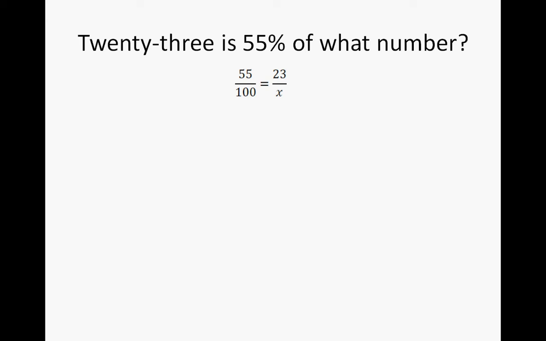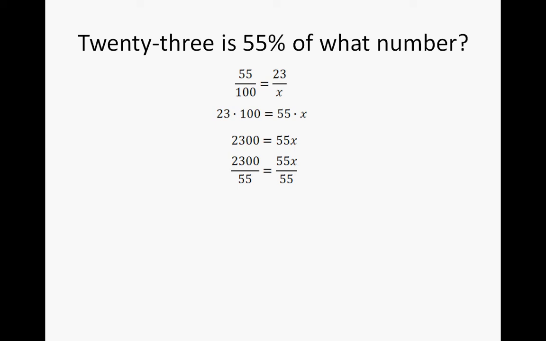So again, setting up the cross multiplication, we have 55 times x and 23 times 100. When we simplify that, we get 2300 equals 55x. Well, 55 times some number is 2,300, and in order to figure that out, we can divide.